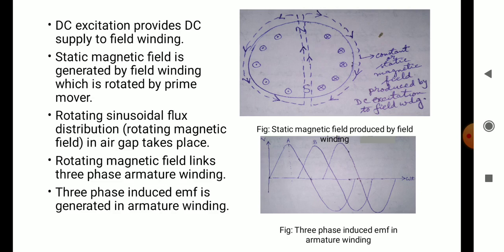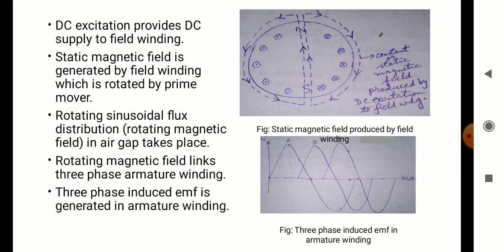This sinusoidal shape of the voltage is obtained because we are generating sinusoidal flux density distribution in the space, or you can also say that we are producing a rotating magnetic field in the air gap space, and as the magnetic field is rotating, when the magnetic field links the armature winding, it also creates a change in the armature winding because of this rotation.